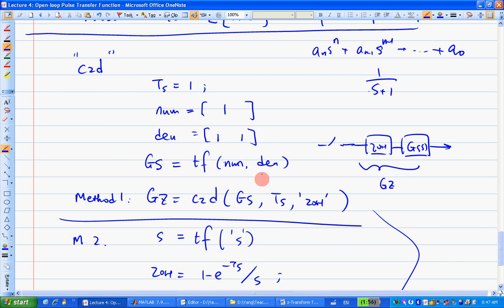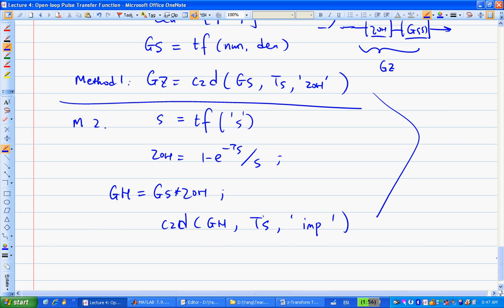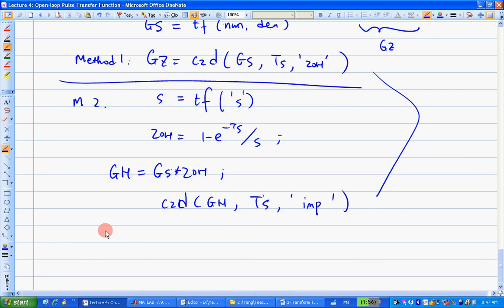Generally I recommend you use it. If there's a zero order hold, you don't have to go through the second method here. But when I show the second method, my purpose is, let's say I give you just a general h of s. You've got to be careful what you are doing with this h of s here.